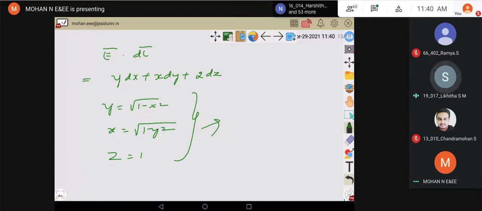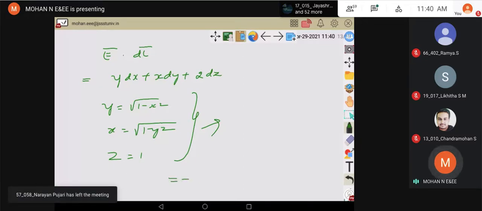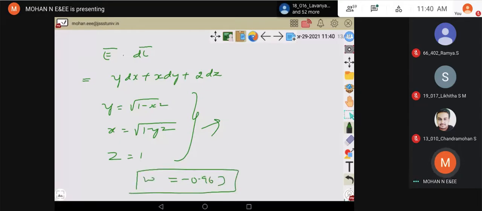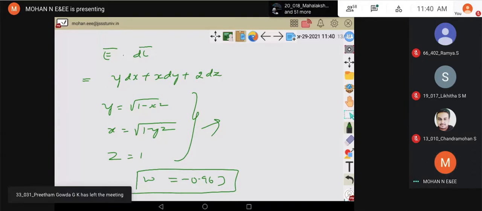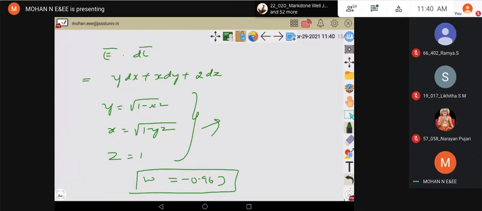Minus 0.96 joules. And what do you understand by this minus 0.96 joules? Yes, what do you understand by this?